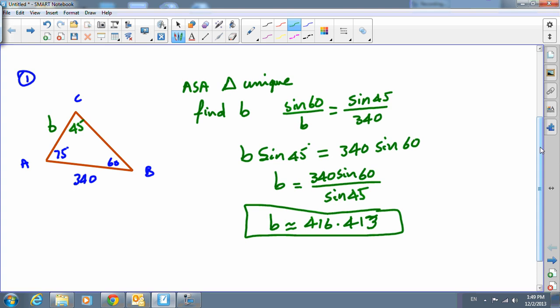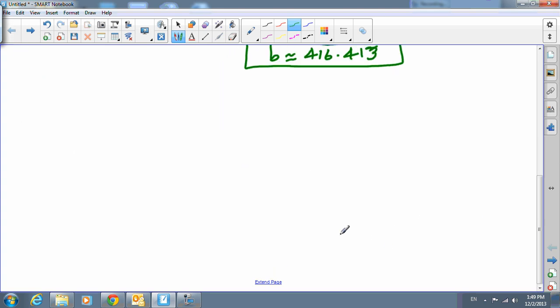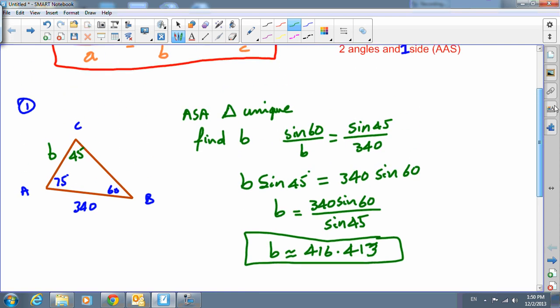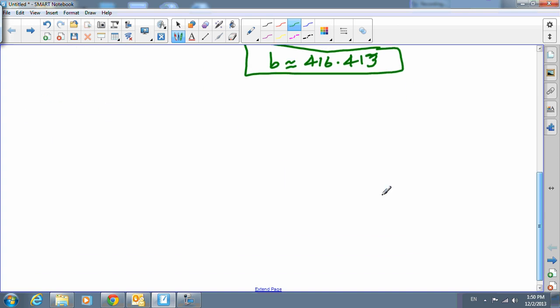All right, let's look at the next one, example 2. Before I go to the next one, I want to clarify one thing. With the law of sines, we want to always use unique triangles. Unique triangles for the law of sines are usually angle side angle and angle angle side.